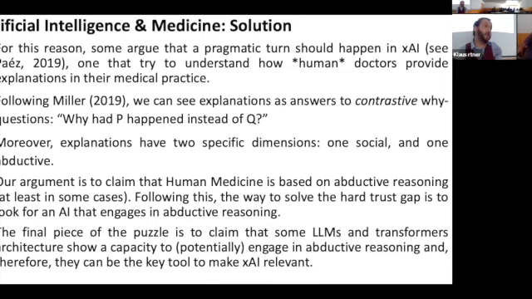And this, I think, can be the key to solve the problem of explainable AI, or at least to make it relevant. So the point is, we will argue that doctors do abductive reasoning. We need to find an AI tool that also engages in abductive reasoning, and therefore we can solve the problem, basically.